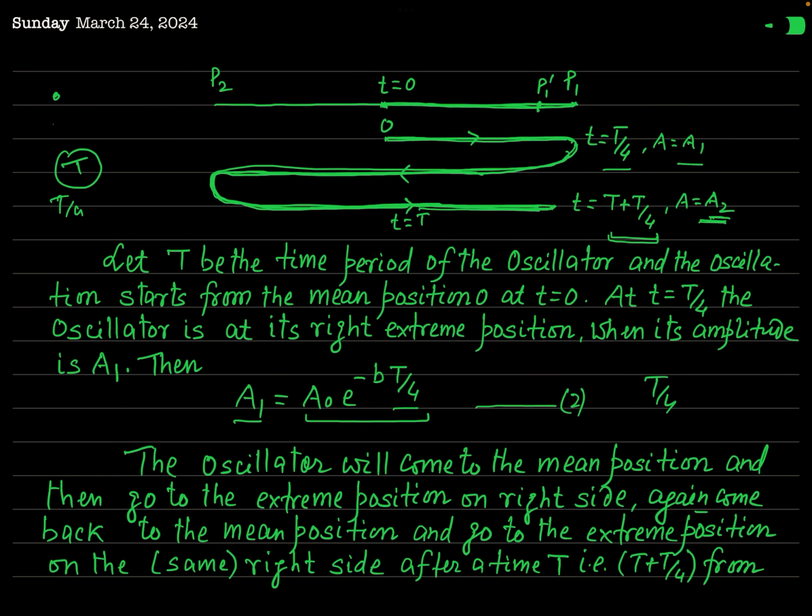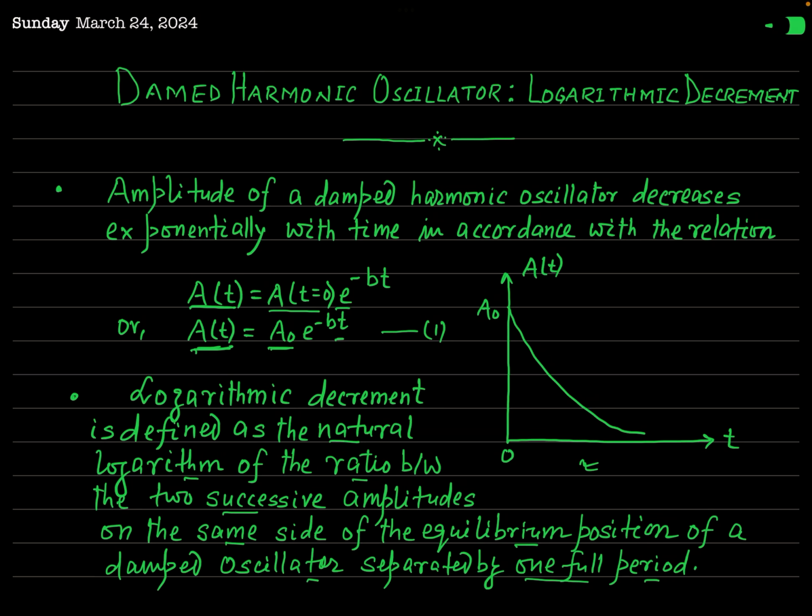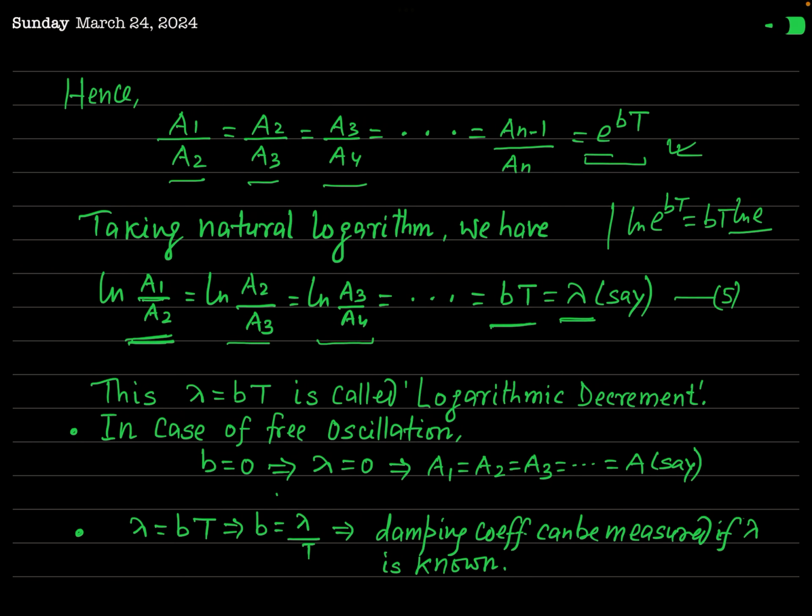You can see what I mentioned earlier here. This is the definition, and now from that result, what I have told in this definition is clear to you. So according to the definition, this lambda is called logarithmic decrement. I hope you have understood the definition of logarithmic decrement. So this lambda equal to b T is called logarithmic decrement.